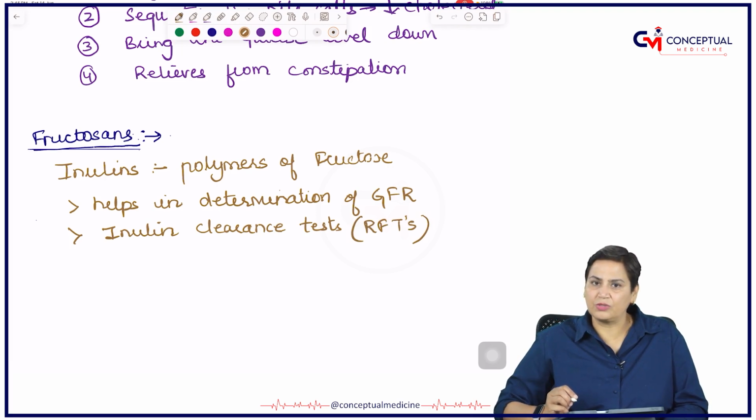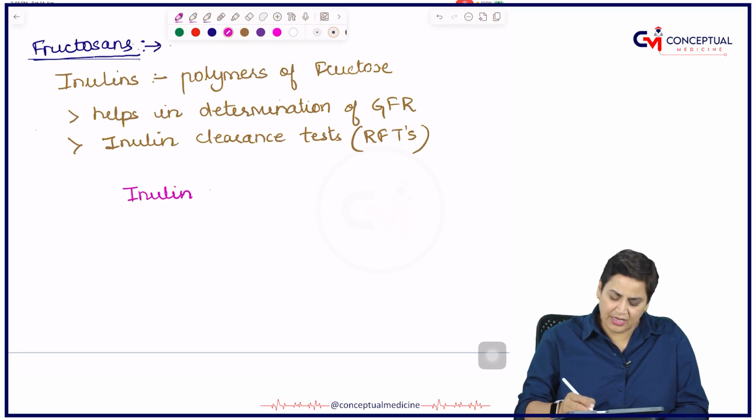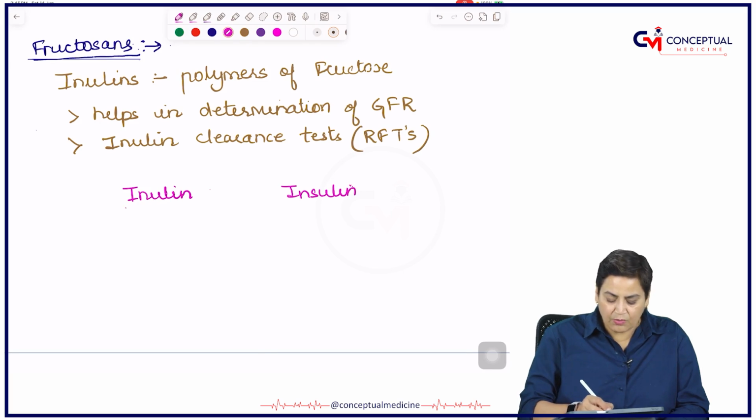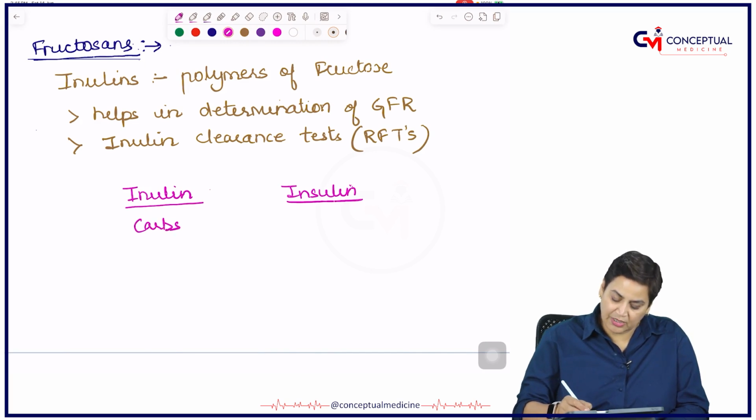So these are fructosans. And there is one simile. Most of the students get confused between inulin and insulin. So here I'll just write, there are so many similes in biochemistry: inulin and insulin. The major difference is inulins are carbs, whereas insulin is a peptide, or you can say a polypeptide or a protein.